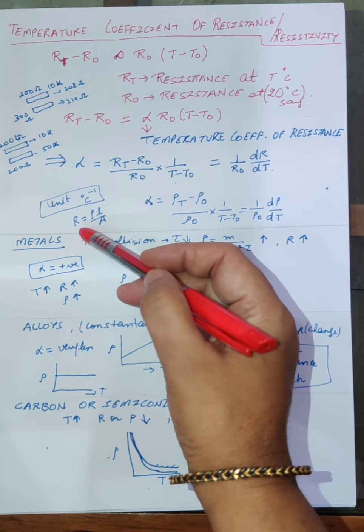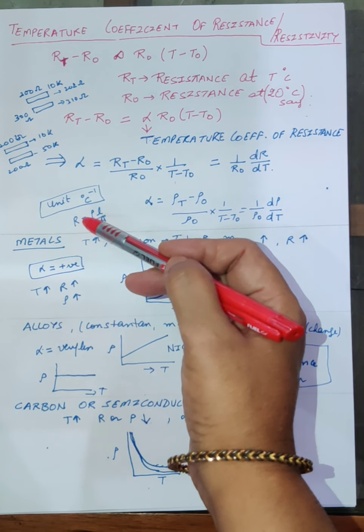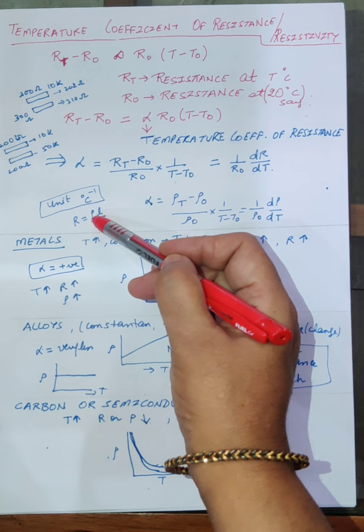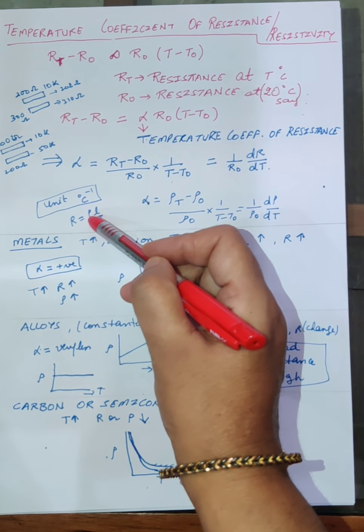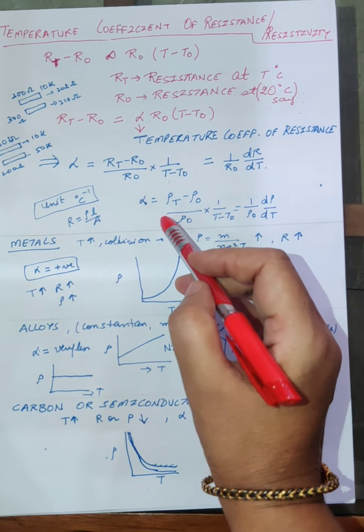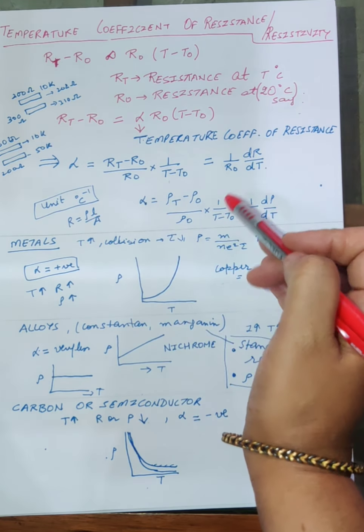Now you know that resistance R is equal to rho into L by A. That means my resistance is directly proportional to the specific resistance or resistivity. So on the same lines, I can also write the temperature coefficient of resistivity. Instead of R, I will write rho.